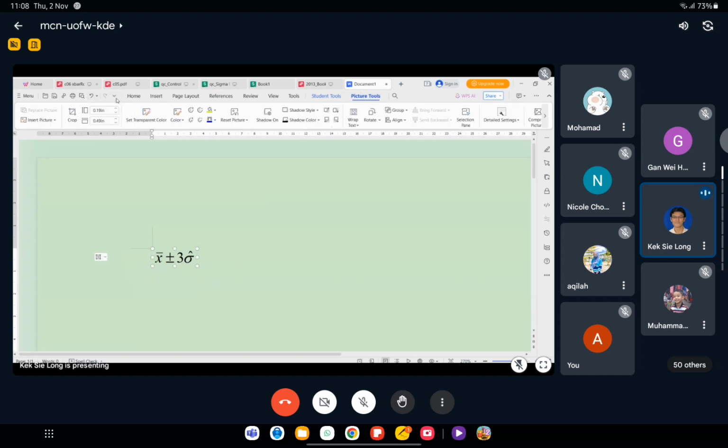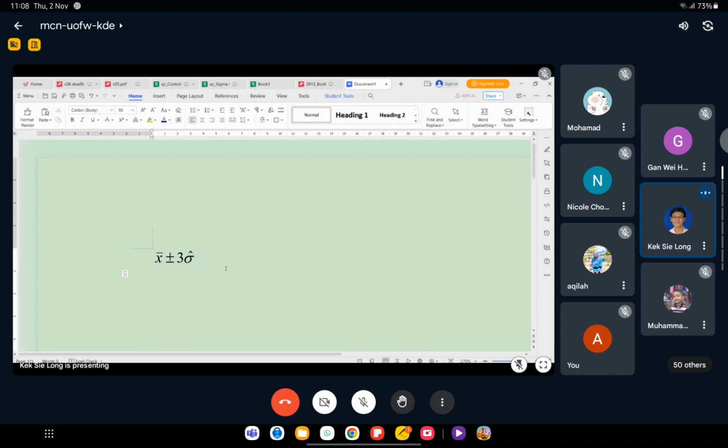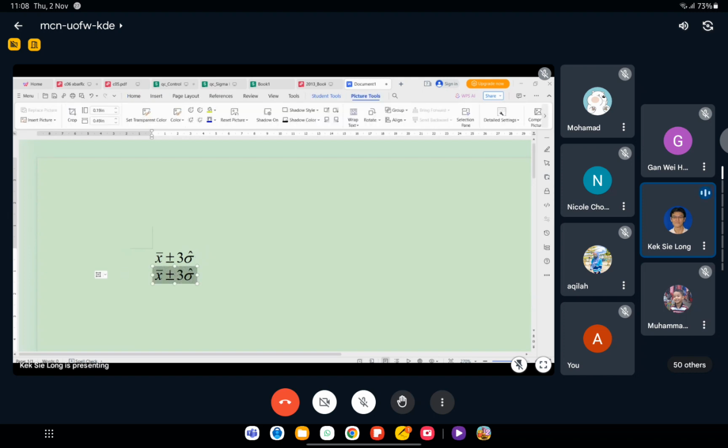Then we substitute, or we replace the term. So x bar becomes x bar bar, and then sigma hat.